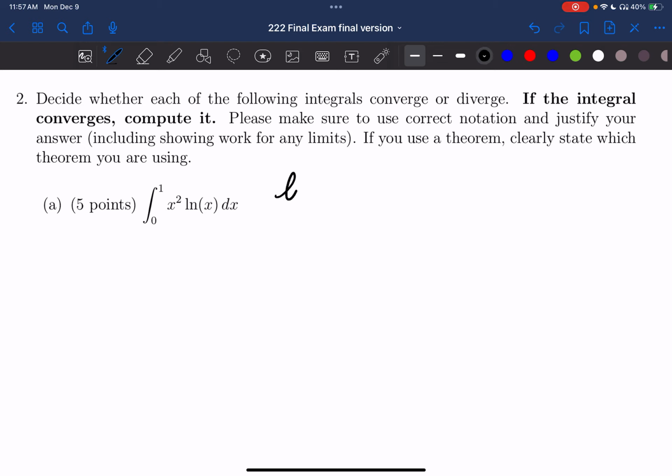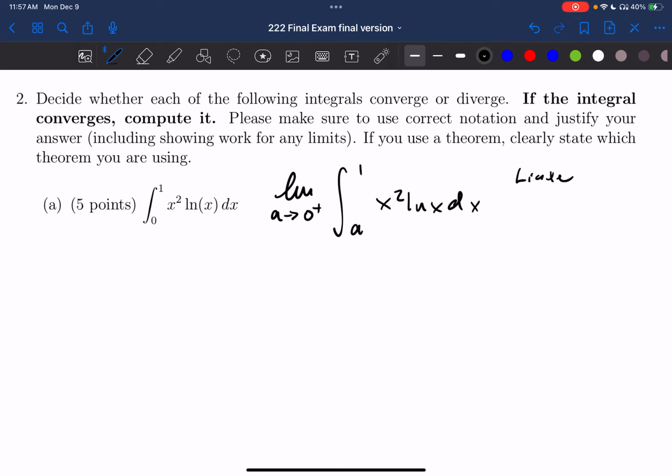So we have to write this as an improper integral, as a limit as, say, a goes to 0 from the right, because it's from 0 to 1. So it'll be the integral from a to 1 of x squared ln x dx. This is a pretty basic integration by parts.